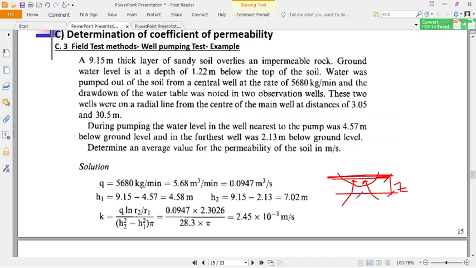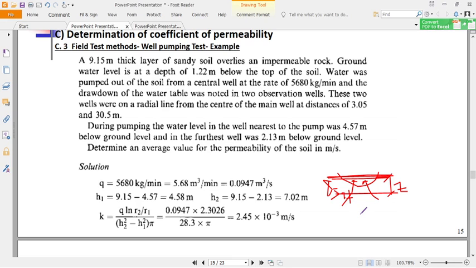So the effective stress of this material, if this is the saturated unit weight, γ_sat. That's the saturated unit weight.